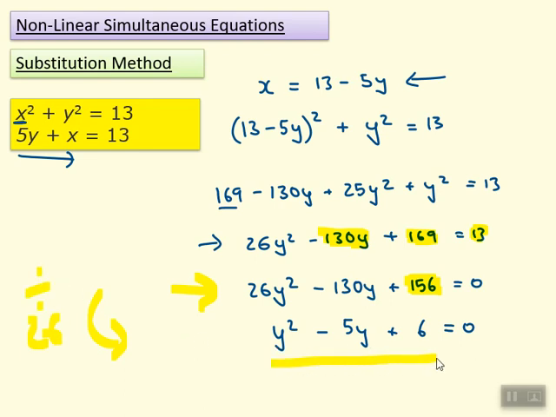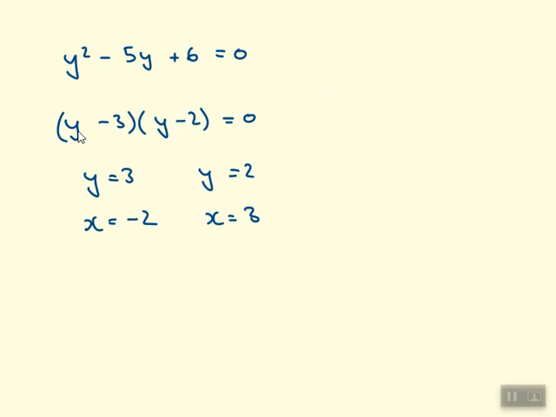You get the following simple equation, which is a nice easy one. Now that one factorizes into y minus 3, y minus 2 equals 0. So the answers for y are 3 and 2, and the corresponding values for x are, if y is 3, x is minus 2, and when y is 2, x is 3.